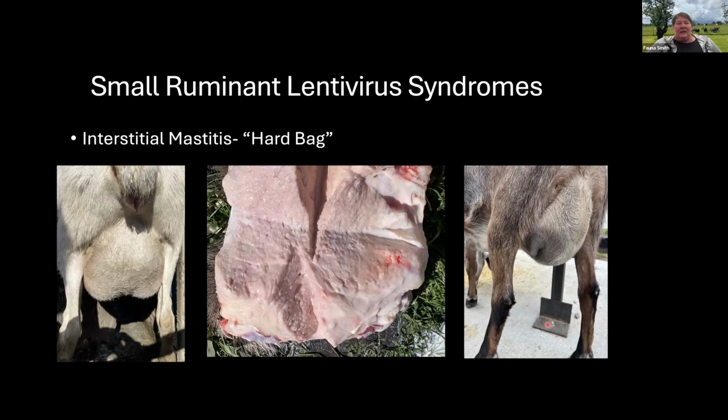The hard bag mastitis really is one of the major production limiting parts of CAE or small ruminant lentivirus, because the milk producing tissue is being replaced with fibrosis. This is actually a sheep, a ewe with hard bag. This ewe freshens and my producers look at her and say, oh my gosh, she made so much milk, she's going to do great.